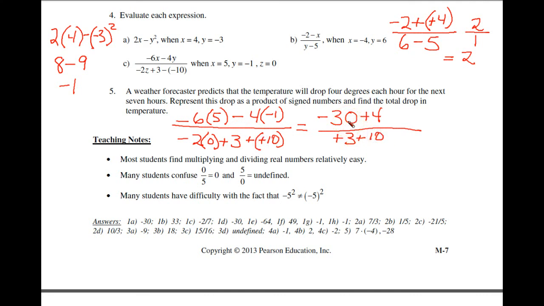And we have that. So we have here a -26 and a +13. 13 goes into 26. Well, remember the sign will be -2. 13 goes into 26 twice, and a negative divided by a positive gives us a negative. Okay.